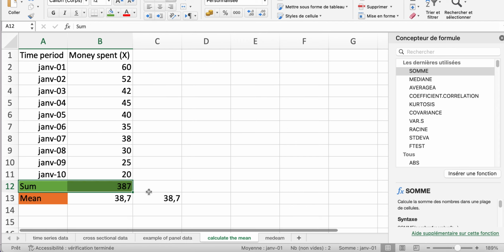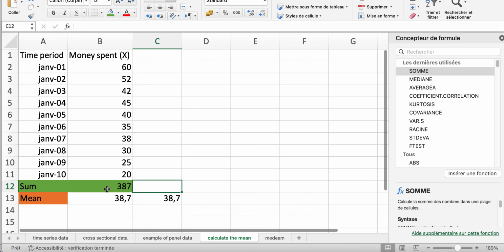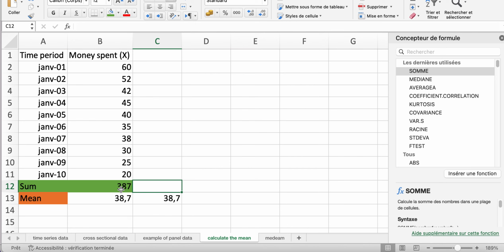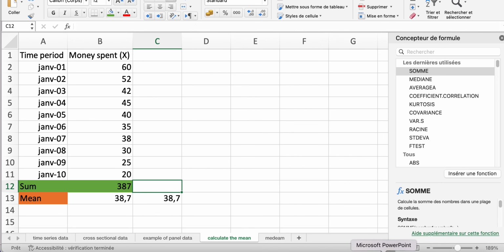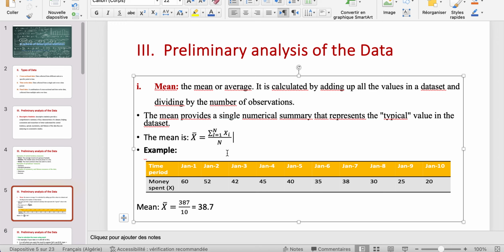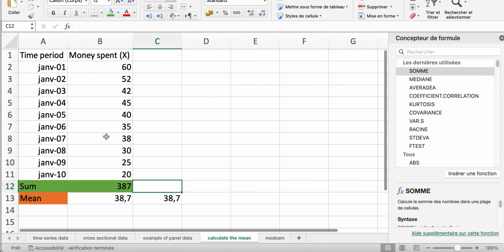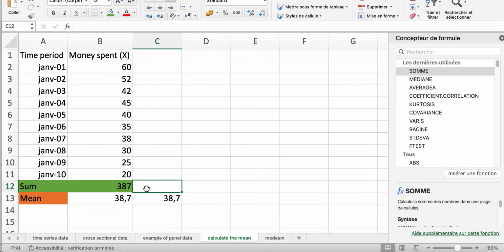What does 387 mean? It means the sum of xi. Then to continue with this formula, we divide by n, the number of observations. Here the number of observations is 10, so we just type 10.